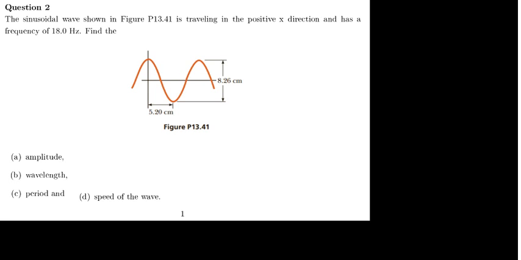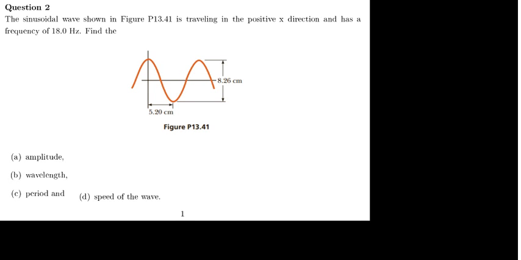What is our amplitude? We did this. Messi is here. Yes, what is our amplitude? How do we find the amplitude? Yes, Messi. Okay, so for the amplitude, you're supposed to divide 8.26 by 2.